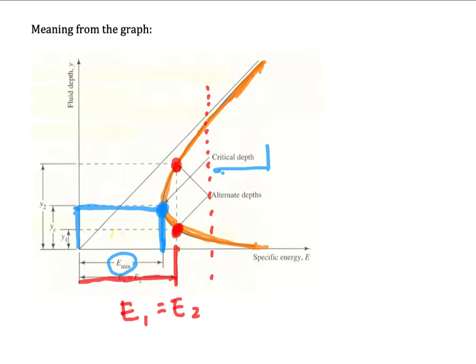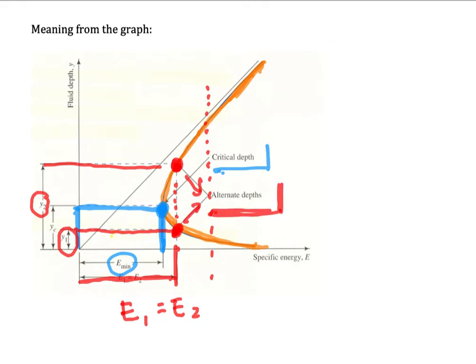Because at this point the energy occurs when Y is equal to Y1, but the same energy can be obtained if Y is equal to Y2. Because we have two points sharing the same energy, meaning two different heights give the same amount of energy, we call these two points the alternate depths.